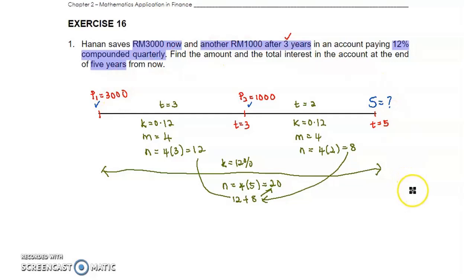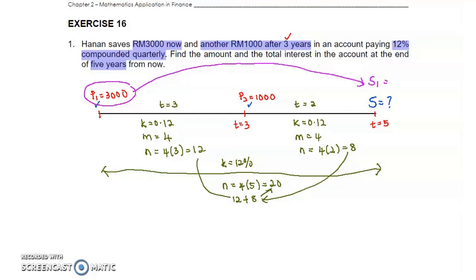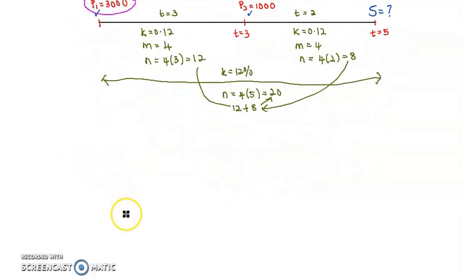Okay, so let's say I put 3,000 here. If you keep it until 5 years, the value at the end of 5 years, let's say I put it as S1. Okay, so what is S1?